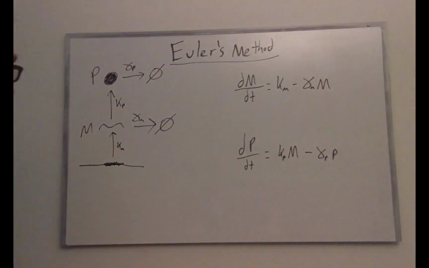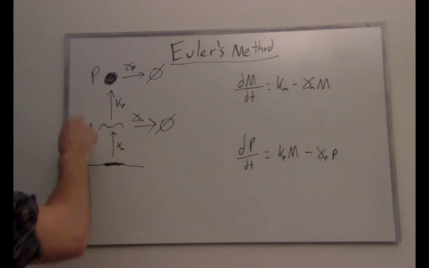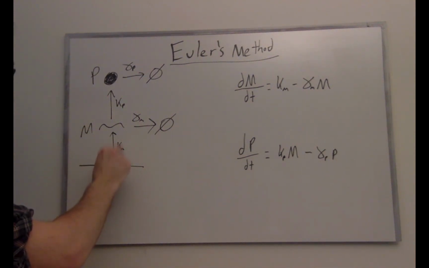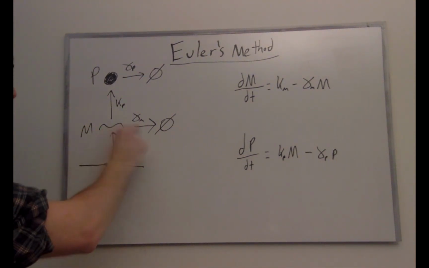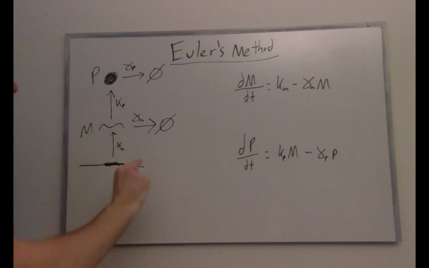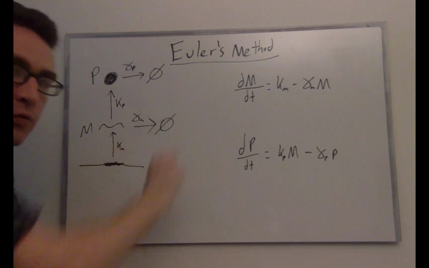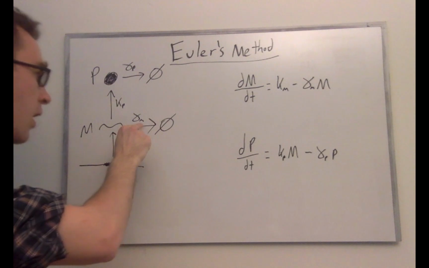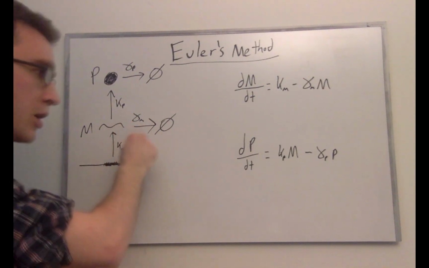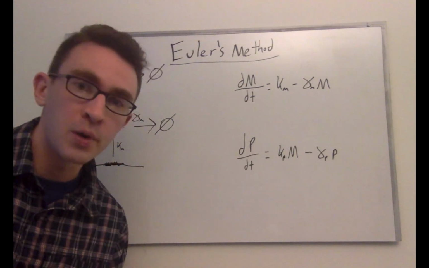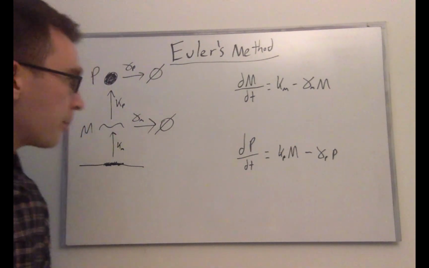Our variable M is produced with a rate Km, and it breaks down with a rate gamma M. When I draw this circle with a line through it, this is just how you draw something breaking down or disappearing in the diagram.